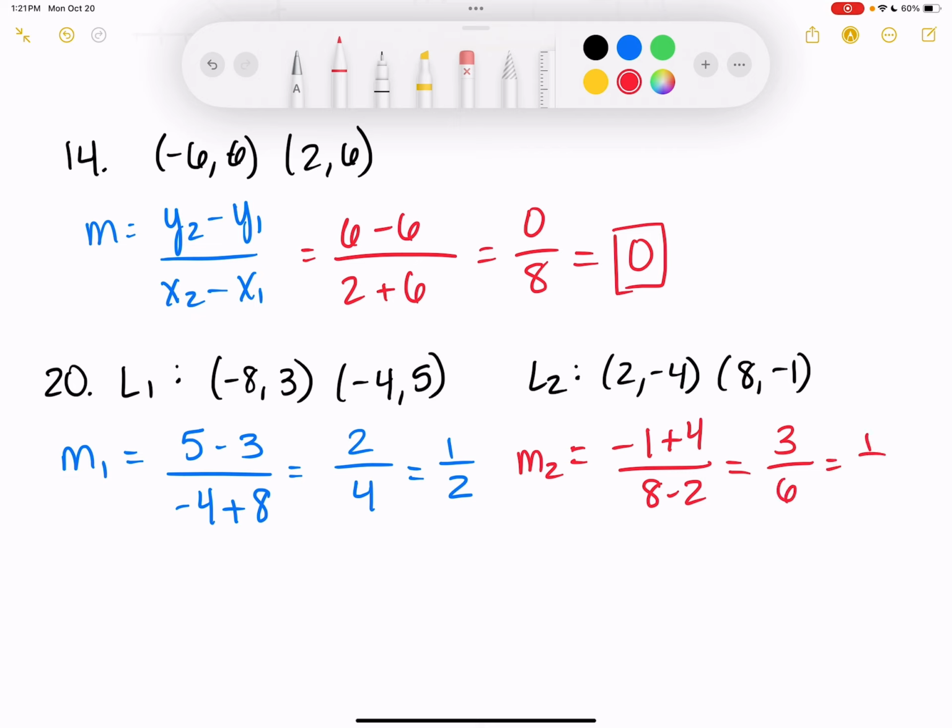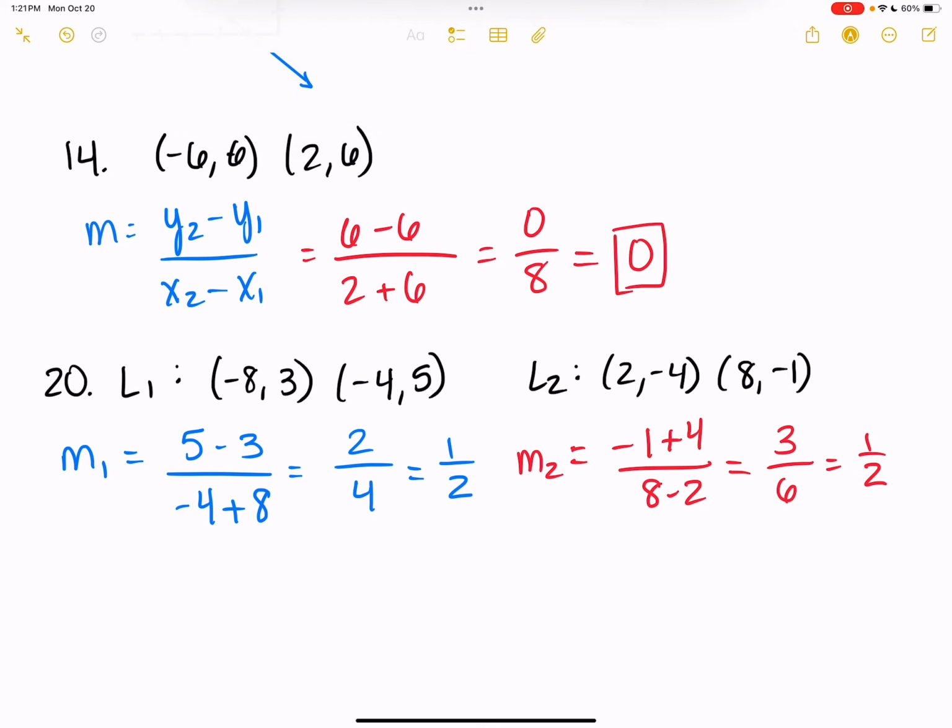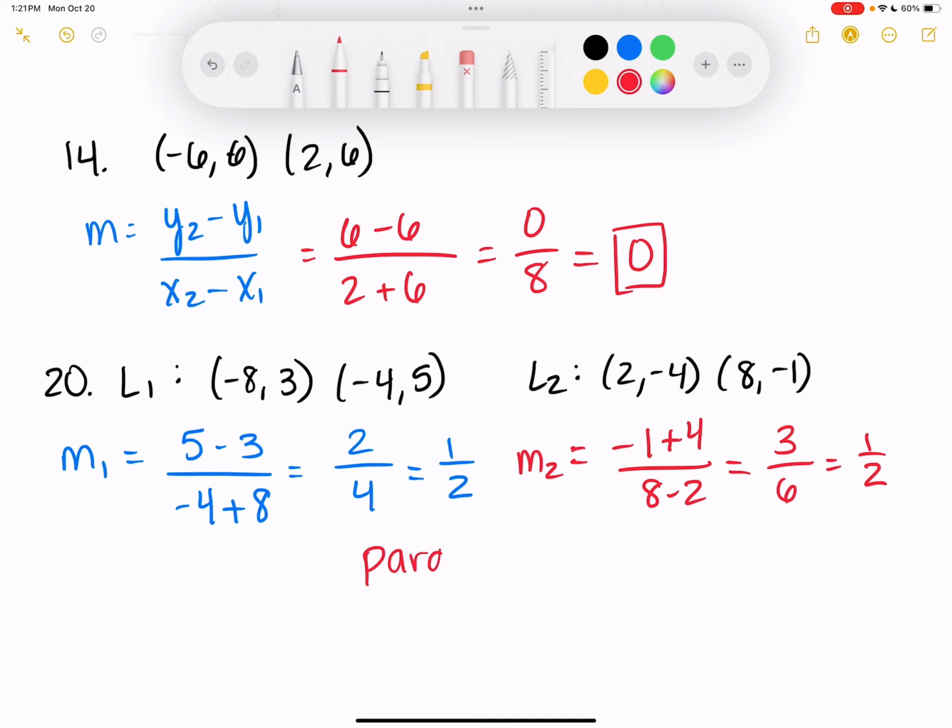So 1/2 is 1/2, and these are parallel. Do we see that if we don't reduce them, you're not going to think they're parallel, because 2 over 4 is not equal to 3 over 6? But if I reduce them, they are. So always make sure you reduce all the way down.